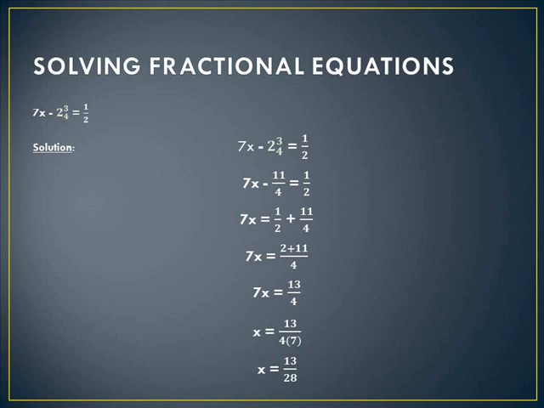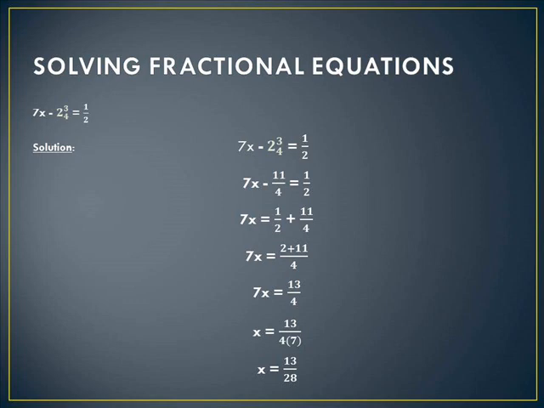Since our aim is to keep the variable on the left hand side, we will move the fraction 11 over 4 to the right hand side. As the fraction 11 over 4 is subtracted on the left hand side, when transposed to the right hand side, it will be added over there. To add both the fractions, we will change them to like fractions. That is, we will express them in the same denominator. We will multiply the fraction 1 over 2 by 2 to have the same denominators.